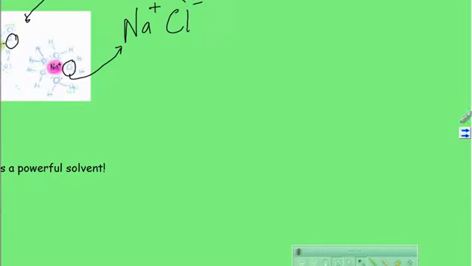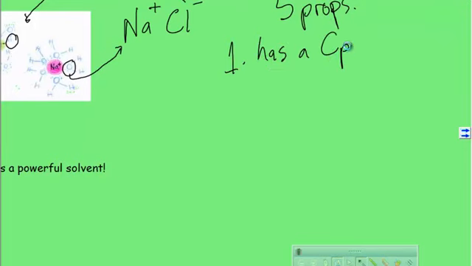Just to summarize the important points here, the 5 important properties. Water has a high specific heat, and we call that C sub P for specific heat. And what does that mean? Remember that from chemistry? What's specific heat?